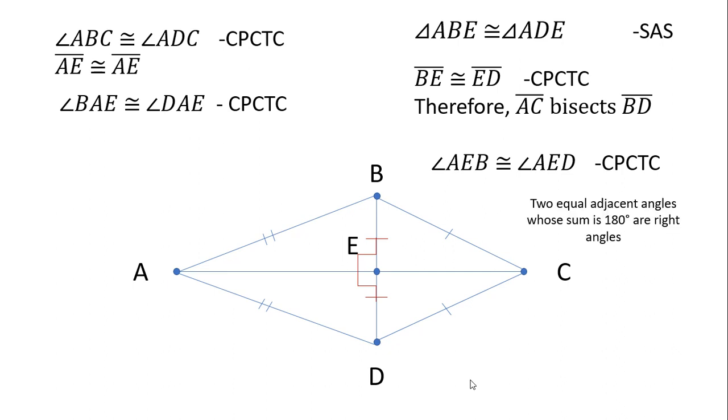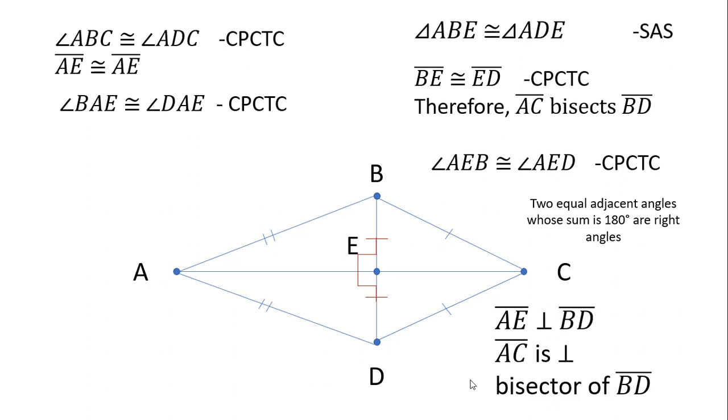And if there are two equal adjacent angles, and their sum is 180, they're right angles, since these angles lie on a line, or a line segment. Therefore, we know that they're going to equal 180 degrees. So therefore, AE is perpendicular to BD, and AC is the perpendicular bisector of BD.